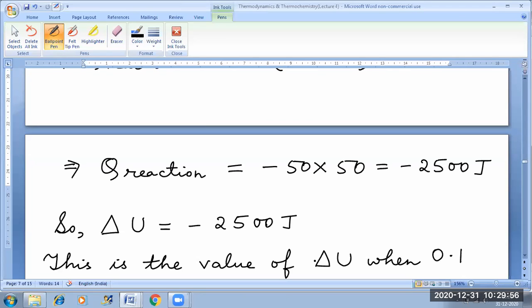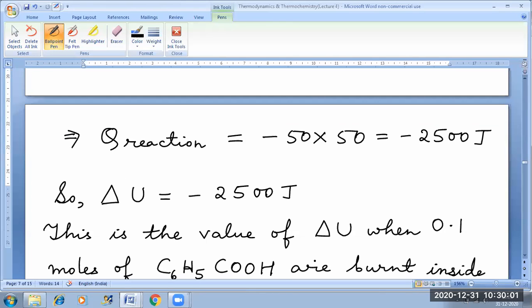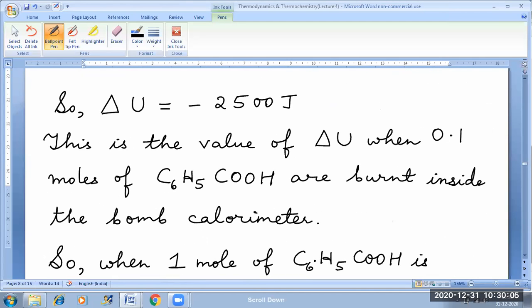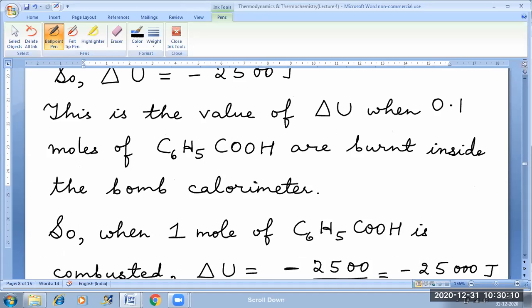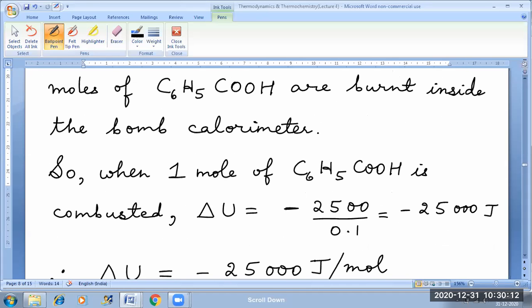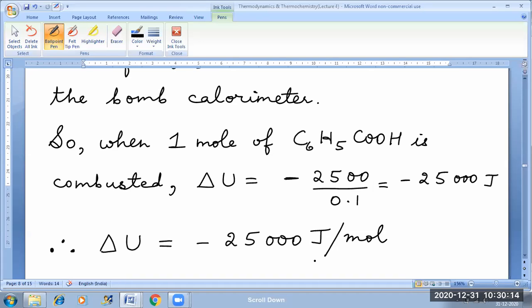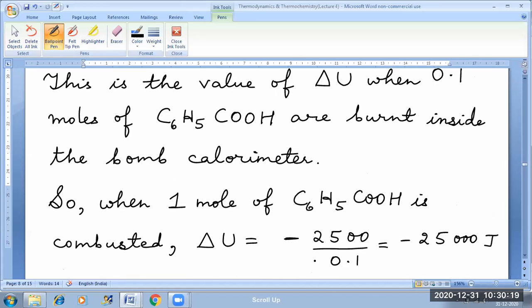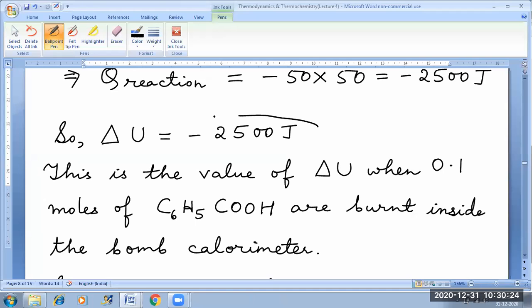But what is Q reaction in bomb calorimeter? That is delta U. Q reaction is delta U. Now, this is the value of delta U when 0.1 moles of benzoic acid have been burnt. So if 1 mole of benzoic acid is burnt, then I'll get the value as minus 25,000 joule per mole. Why? This value is for 0.1 moles. Initially we found out that there are 0.1 moles of benzoic acid.